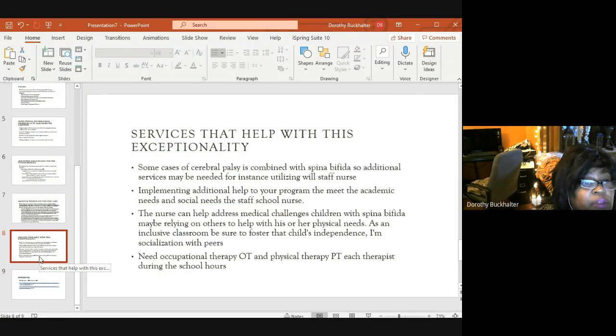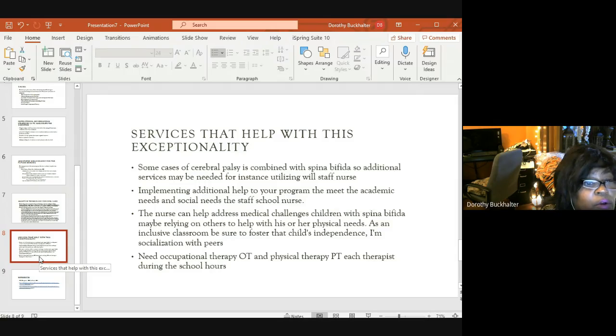Services that help with this exceptionality. In some cases, cerebral palsy combined with spina bifida may require additional services that you may need to utilize, like the staff nurse, implementing additional help in your program to meet the academic needs and social needs of the student.